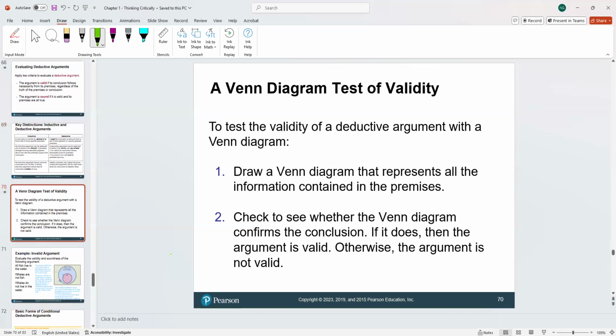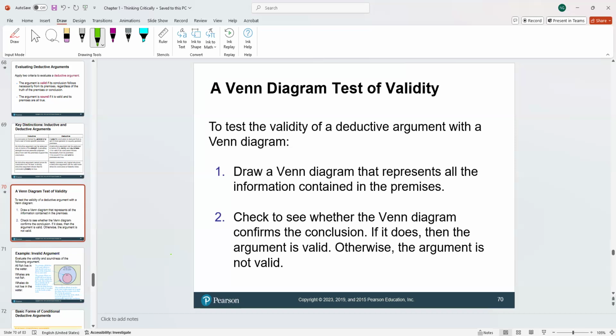Those are other readings. You can see how to test validity with a Venn diagram. To test the validity of a deductive argument with a Venn diagram, first of all, you draw the Venn diagram. You want to verify if it's a subset, if it's disjoint, or if it's overlapping.